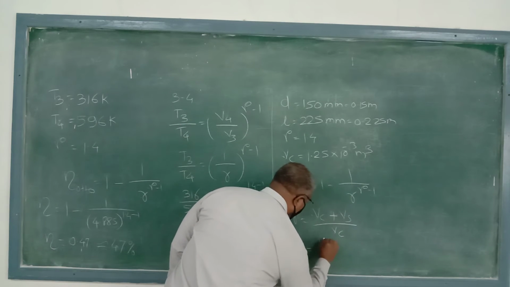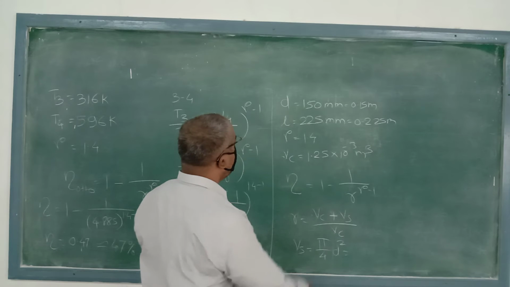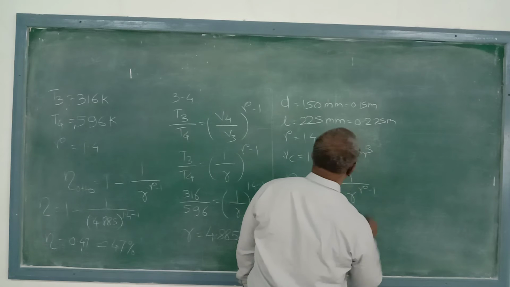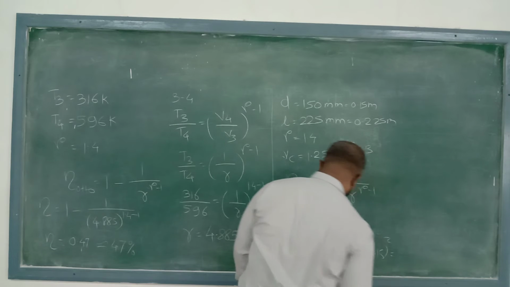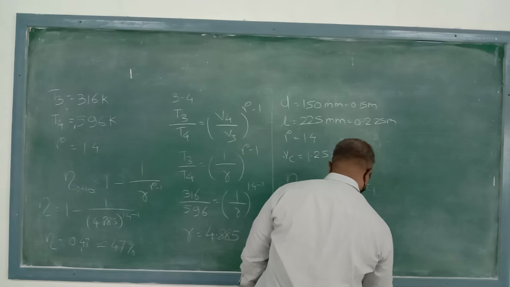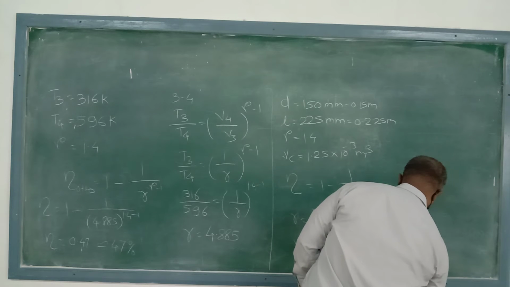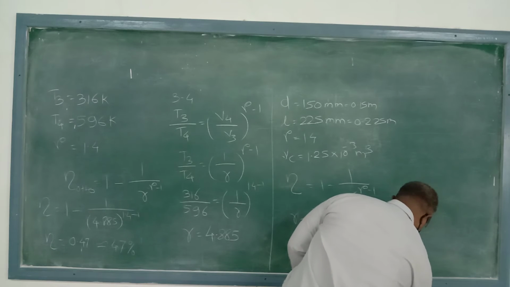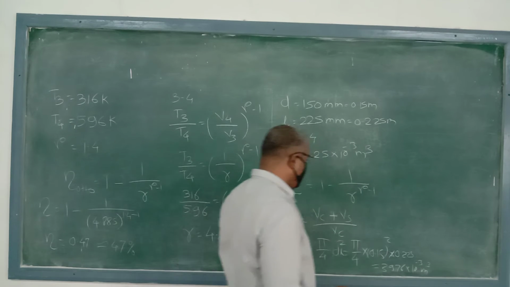So Vs is equal to pi by 4 d square into L. The value of d is given. So pi by 4 into 0.15 square into the stroke length, and Vs value comes 3.976 into 10 raised to minus 3 meter cube.